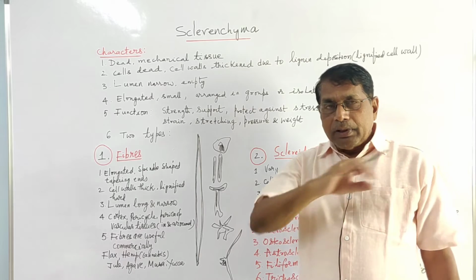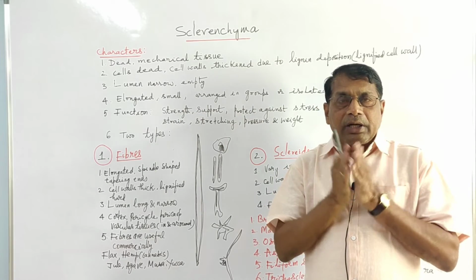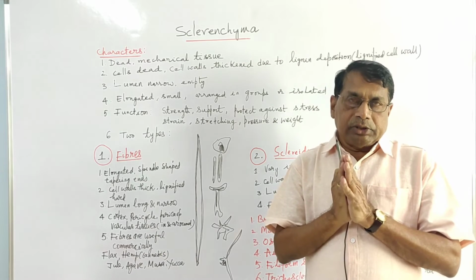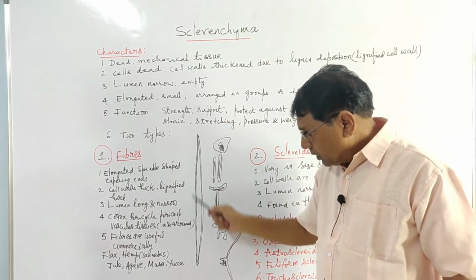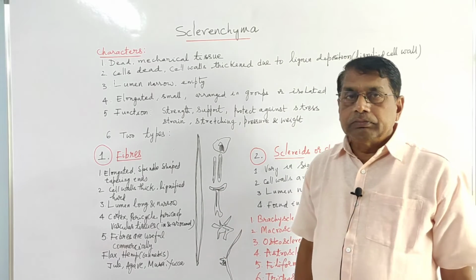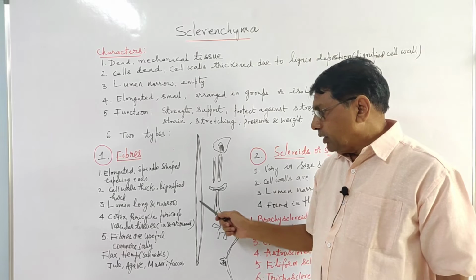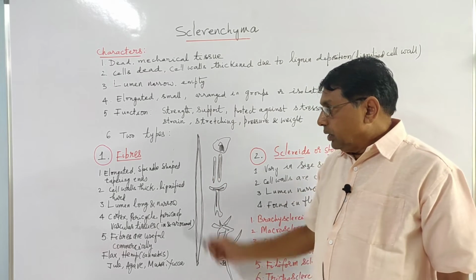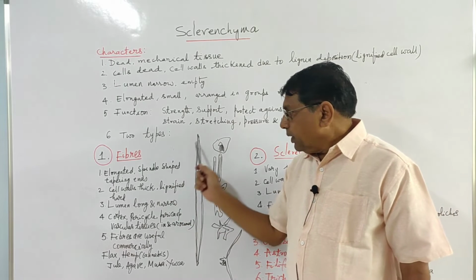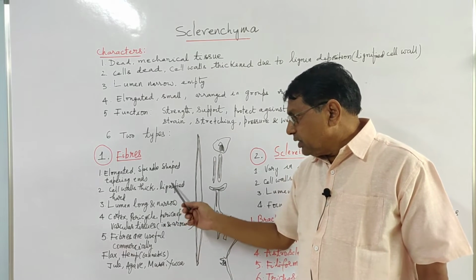Fibers. The name itself indicates they will be elongated, narrow, with tapering ends. Here you see elongated, spindle shaped, wider in the middle, narrower at either end. Spindle shaped, tapering ends, pointed ends. Cell walls thick, lignified.